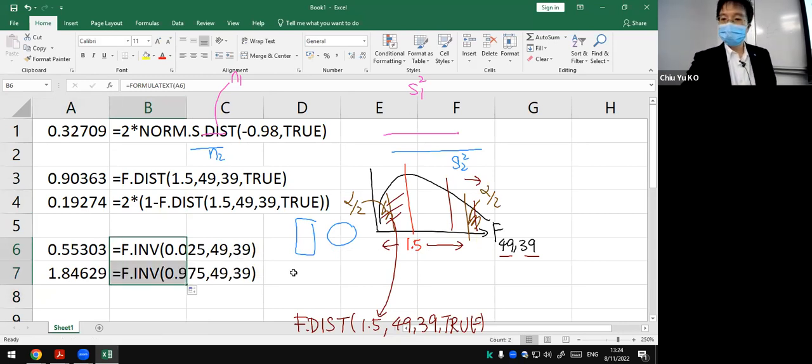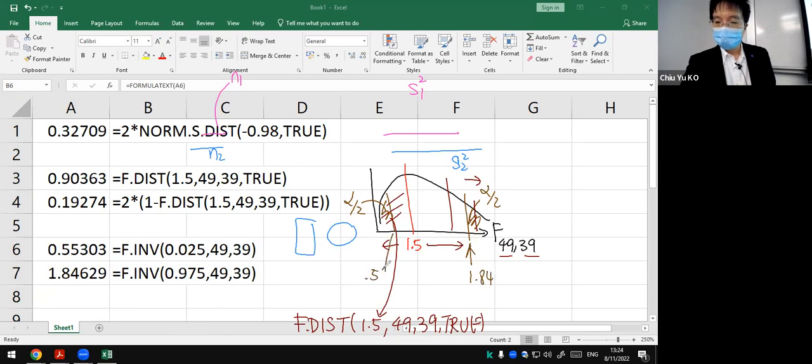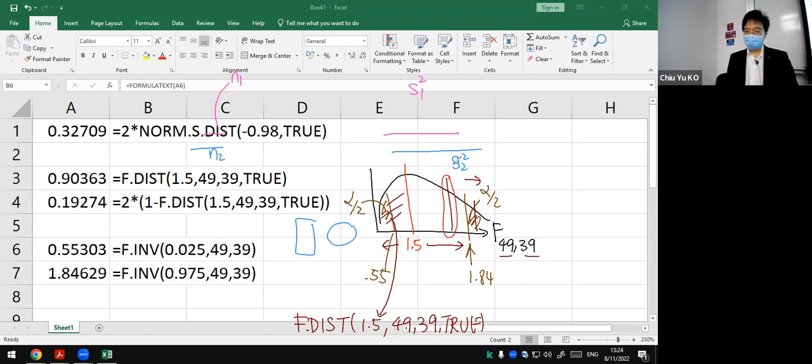So these 2 will be the values. In this case, this is 1.84, and this is 0.55. Which tells you that indeed you really can't reject, because your value is not in the rejection region.